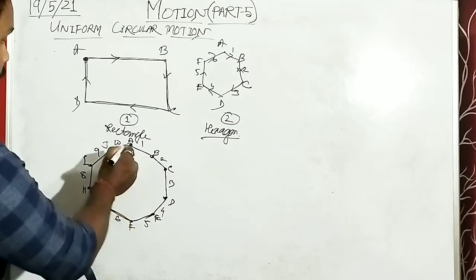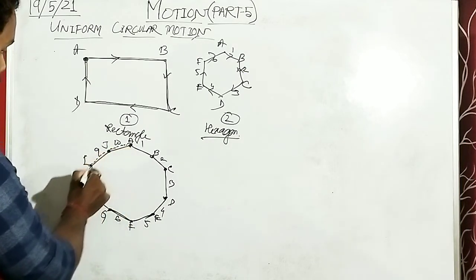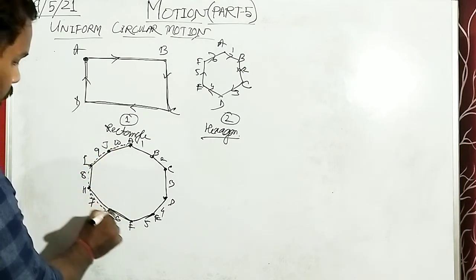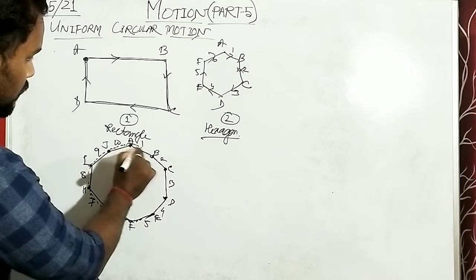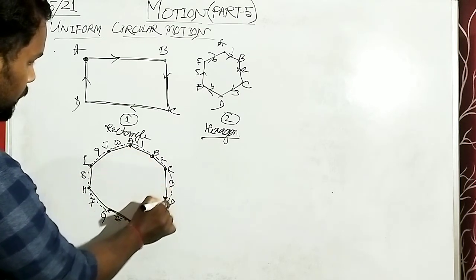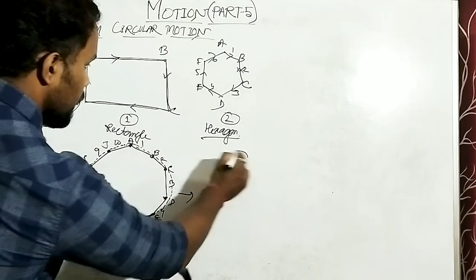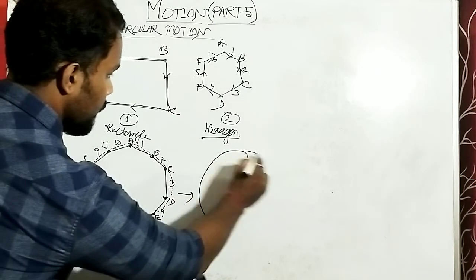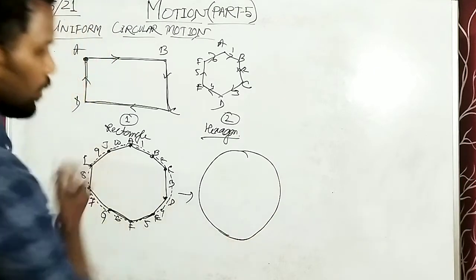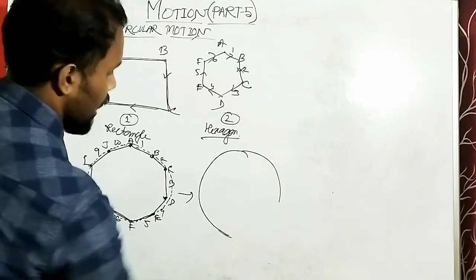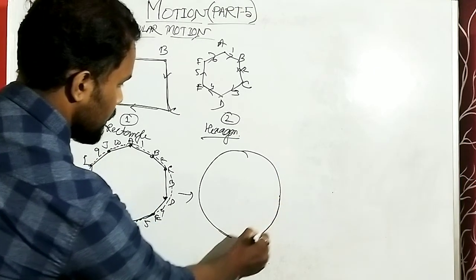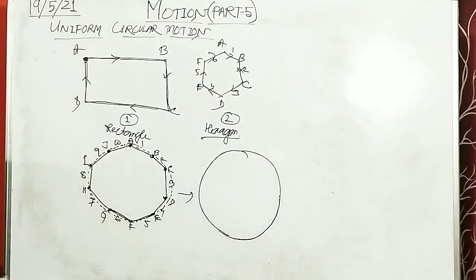So if we give some dotted lines like that, again if I draw here, this circle will completely look like that. Though it is not a proper circle, since I have drawn with my free hand, just consider it as a circle, right?